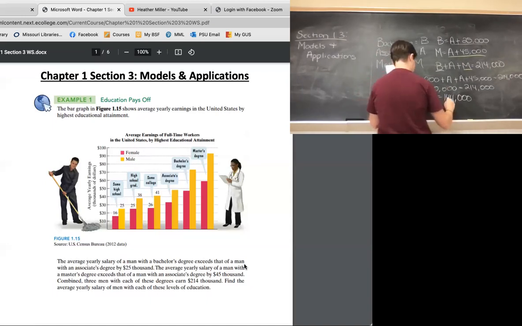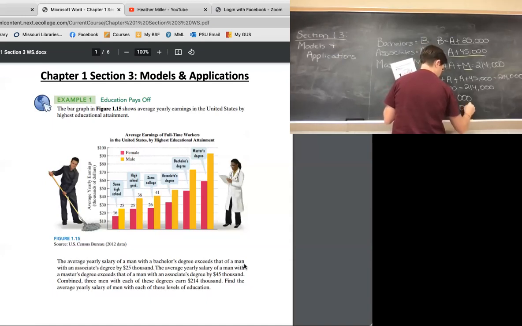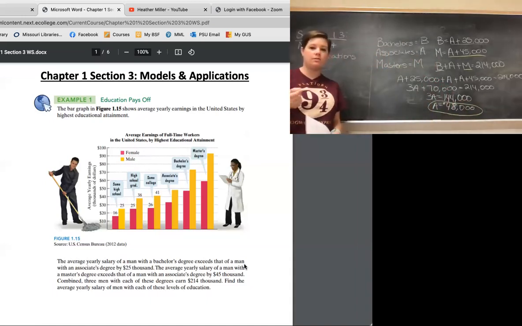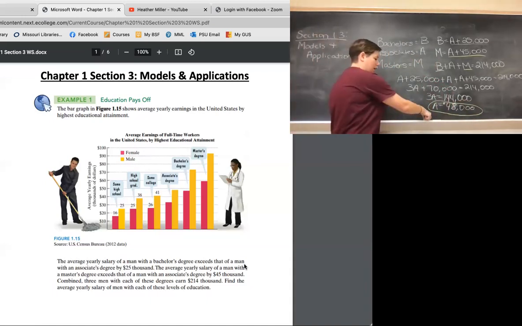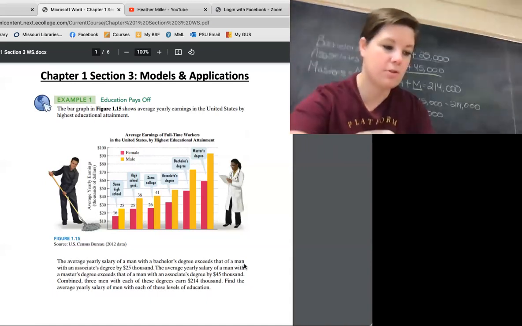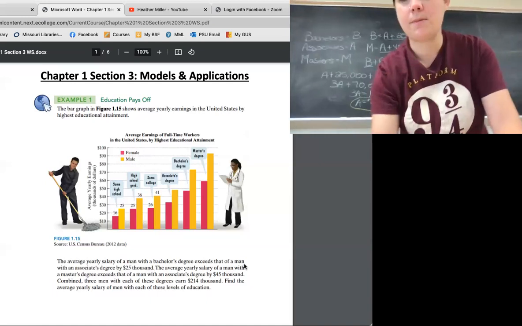And I have A equals, that is a really bad 8, 48,000. So right there, I know that the associate's makes $48,000 a year annually. It's pretty good pay for an associate's degree, if I'm just saying.